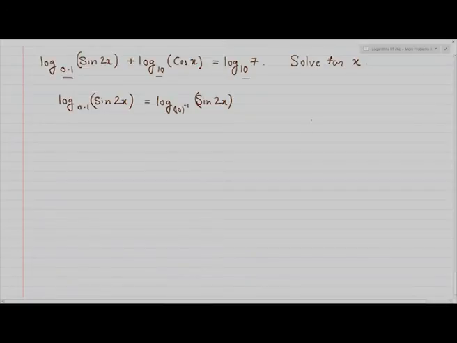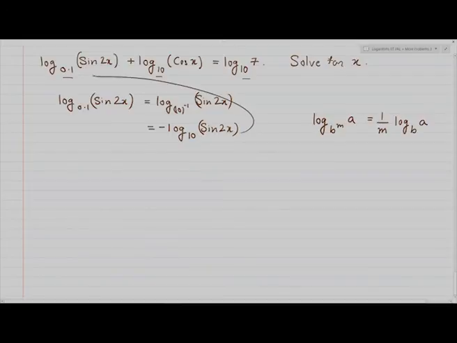Then I will use the rule: log to the base b raised to m of a is equal to 1 upon m log to the base b of a. Therefore, I will have minus 1 into log to the base 10 of sin 2x. Now I will substitute this expression in place of this.